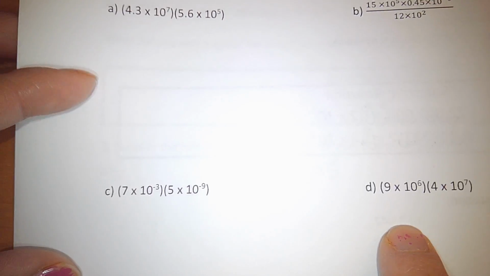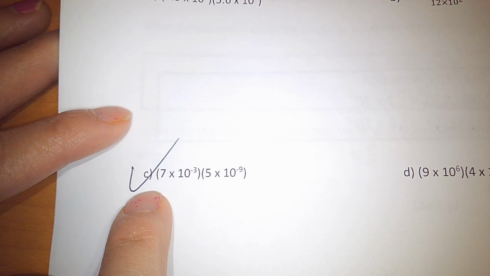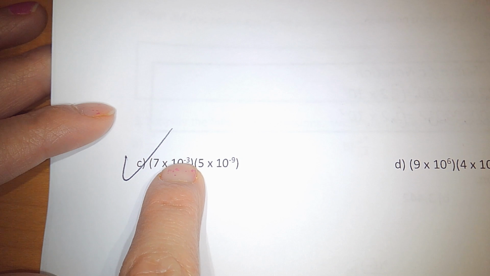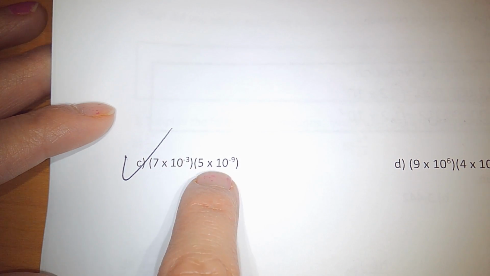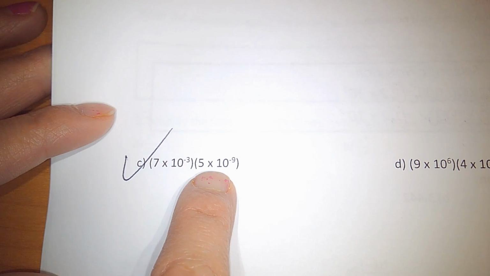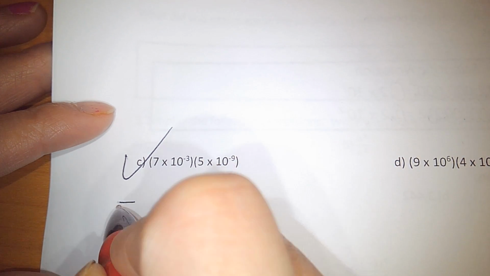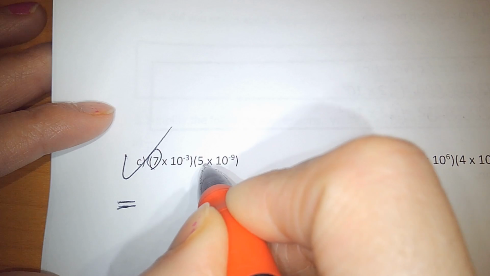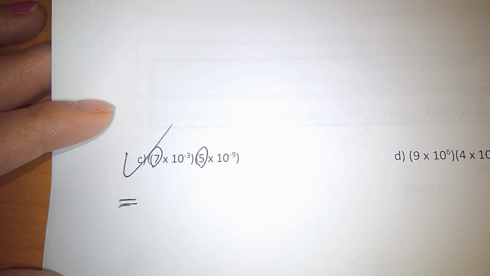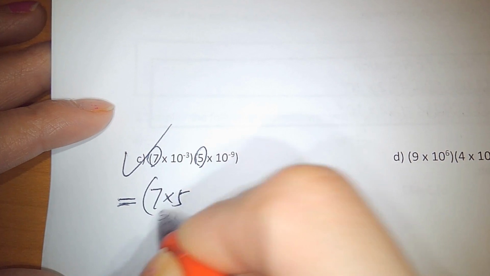Okay. All right. So let's try to see together. Multiply 7 times 10 to the negative 3 times 5 times 10 to the negative 9. How can we multiply two numbers in scientific notation? What should we do, guys? We multiply number times number, which is 7 times 5, right?